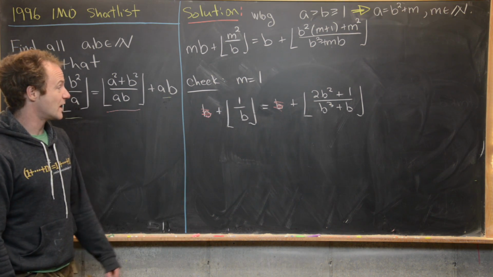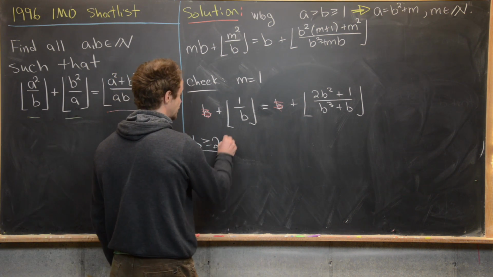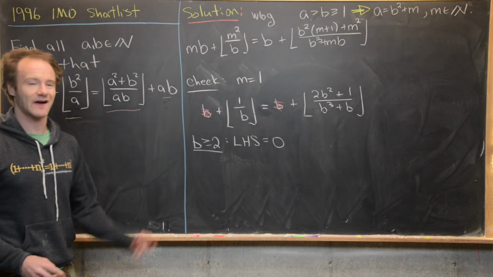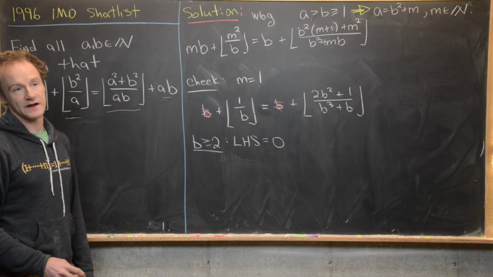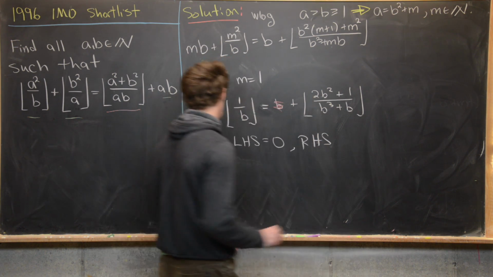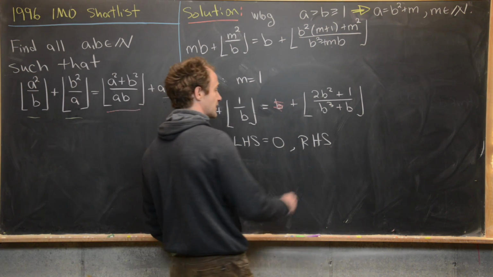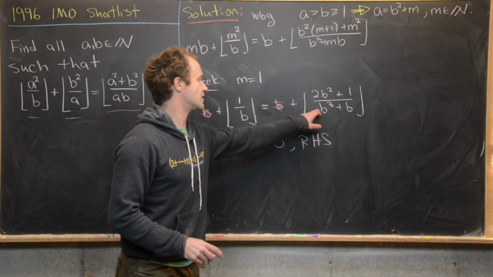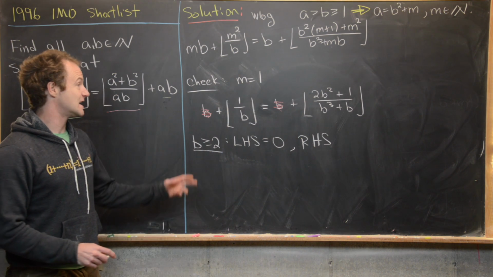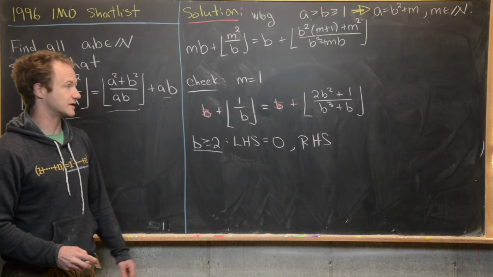Now next, I want to notice that if b is bigger than or equal to 2, then this left-hand side is equal to 0, because I've got the floor of a half or the floor of a third or anything like that. Then let's check what we get for the right-hand side if b is bigger than or equal to 2. Well, notice if b is bigger than or equal to 2, then this numerator is going to be smaller than the denominator, because 2b squared is going to be strictly less than b cubed, because I multiply by an extra b, which is bigger than or equal to 2.